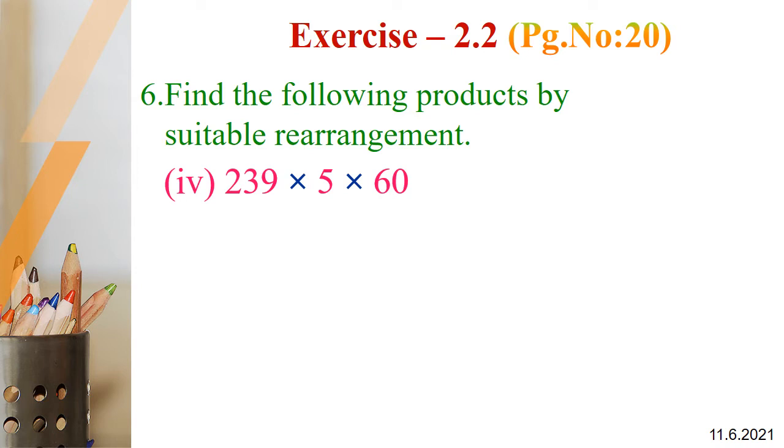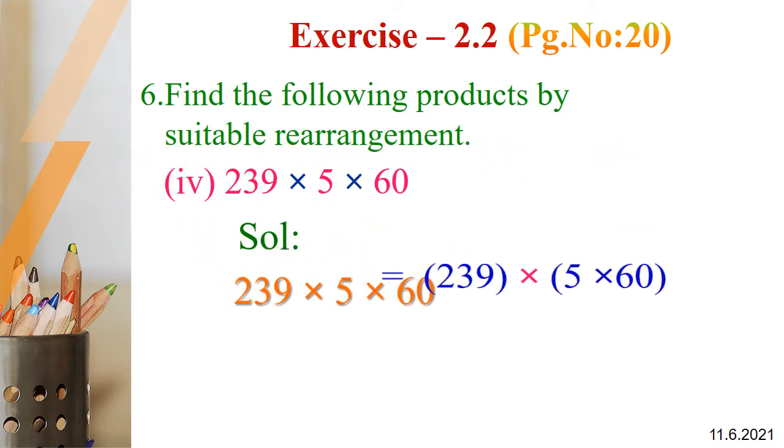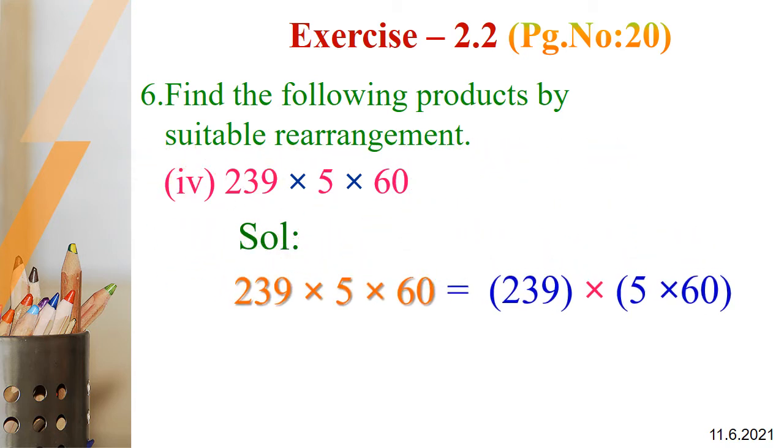So here we multiply 5 and 60. It will end with 0. So first we will multiply 5 and 60 and then multiply 239. Therefore 5 × 60 we get 300.